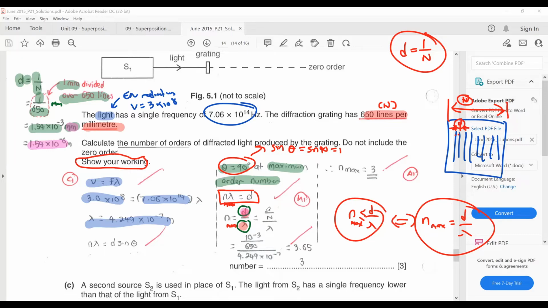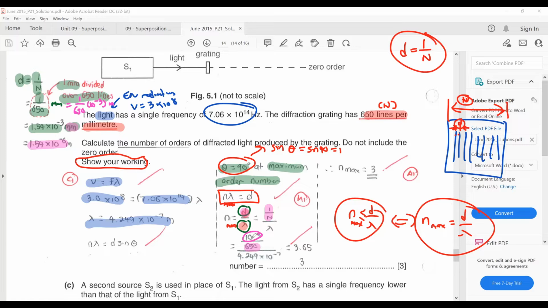So over here, you see the d, I already wrote it out, 1 divided by n. It's actually 1 divided by 650. But why is there a times 10 power minus 3 here? It's because I'm changing to meter. That's why you see it's 10 power minus 3 divided by 650.